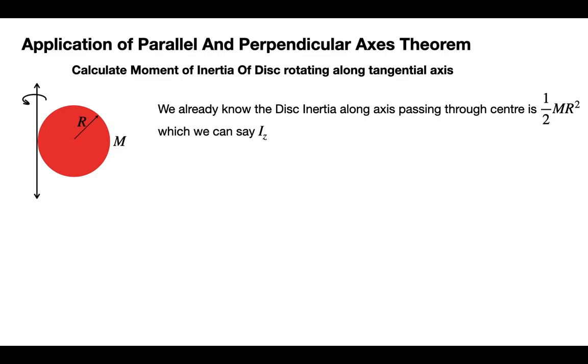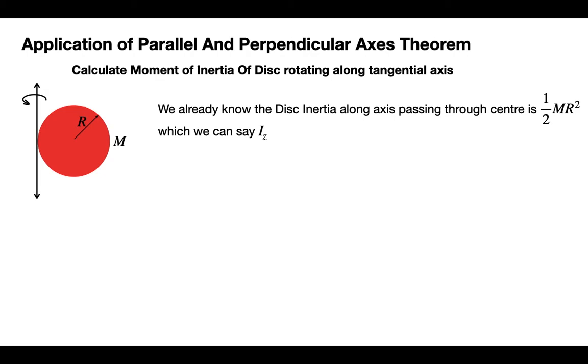Now look at how we can apply the parallel and perpendicular axis theorems in some calculation. Consider the case: calculate the moment of inertia of a disk rotating along a tangential axis. So here is a disk of radius r and mass m rotating along the axis which is tangential to the disk.